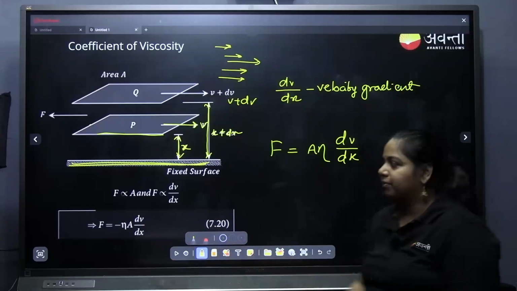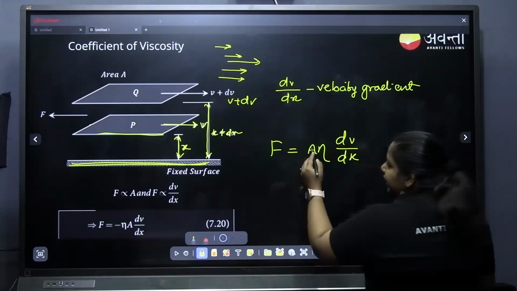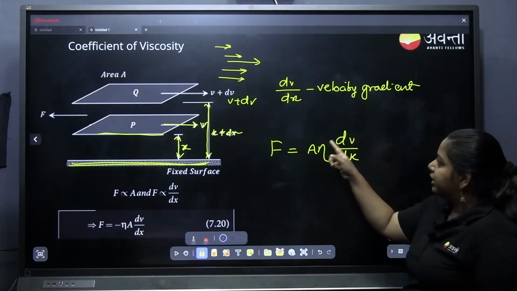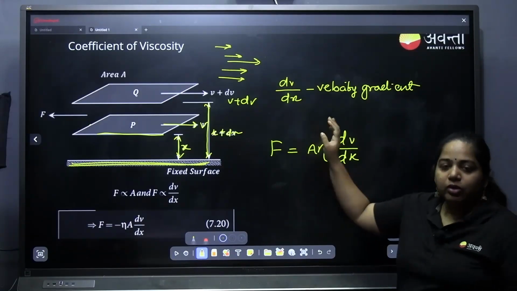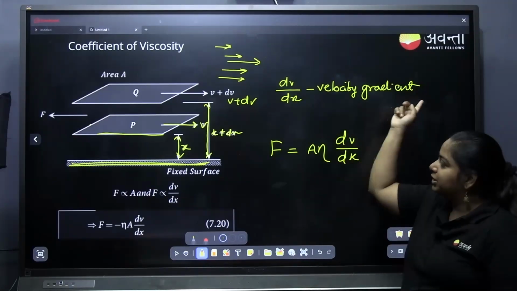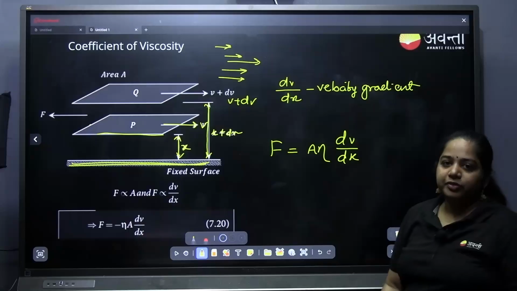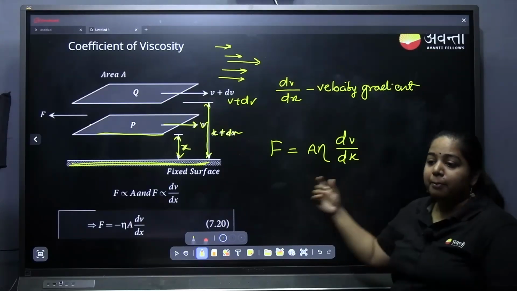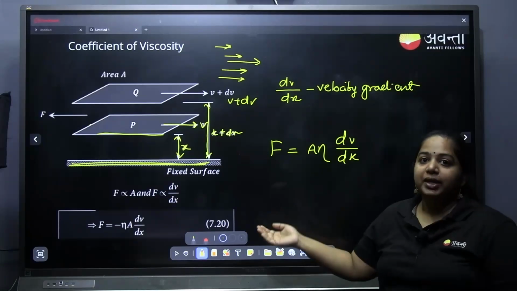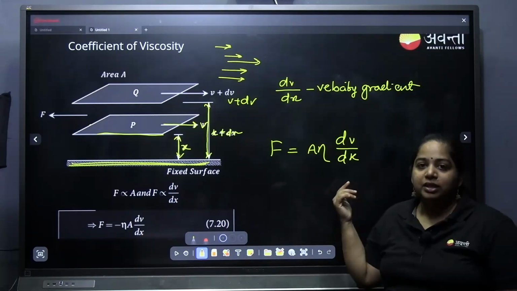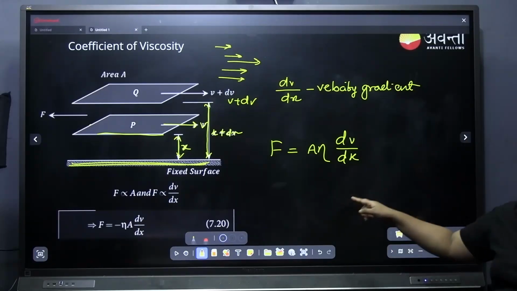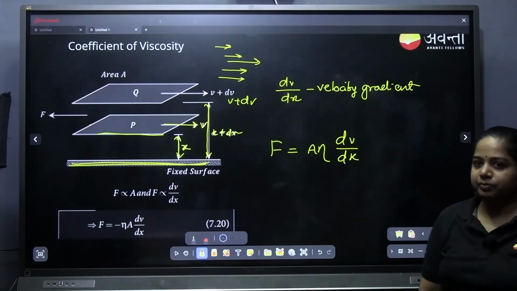Here A is the area of cross section of the tube, dv by dx is the velocity gradient, and eta is the coefficient of viscosity. But our numericals won't come from this formula, they will come from the next formula, that is Stokes theorem. If there is no doubt in this, we will move to the next slide.